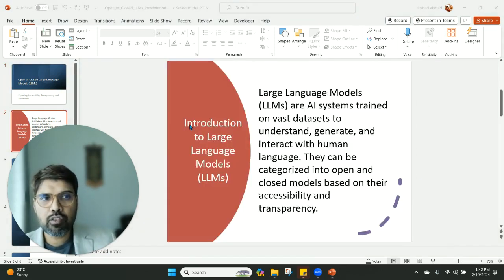Going a little bit back before we go into details, we all have seen that large language models are AI systems that are trained on a vast amount of data to understand, generate, and interact with human languages. And we have done a 1 hour complete video about how they are able to do human-like communications, how they translate the language to a language that we can understand, which is the power of these large language models.